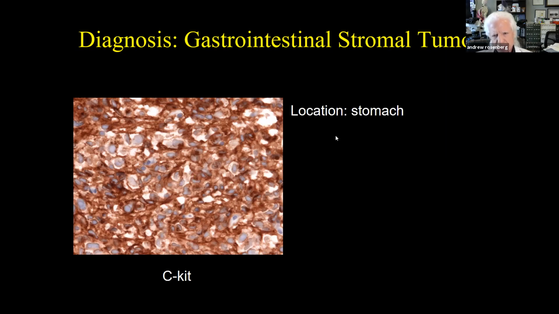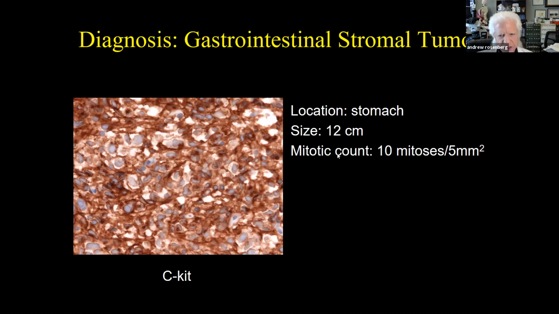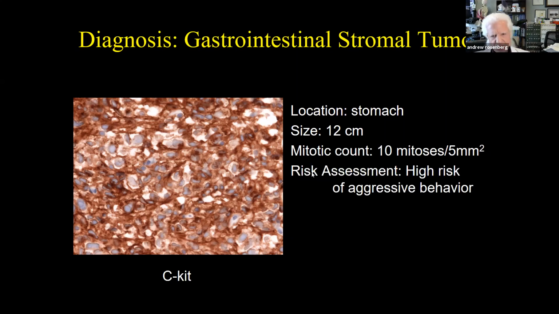So to accomplish that, I analyze where did the tumor arise. We know it is the stomach. How big is it? This particular tumor was 12 centimeters. How many cell divisions were in 5 millimeters of square surface of the tumor?